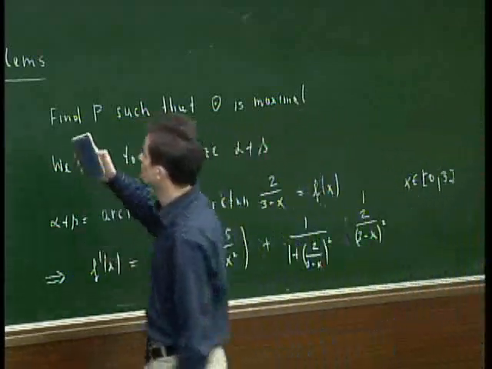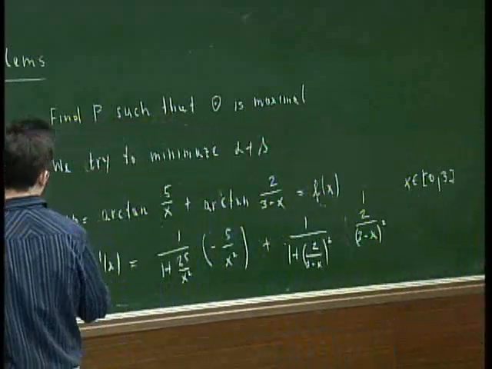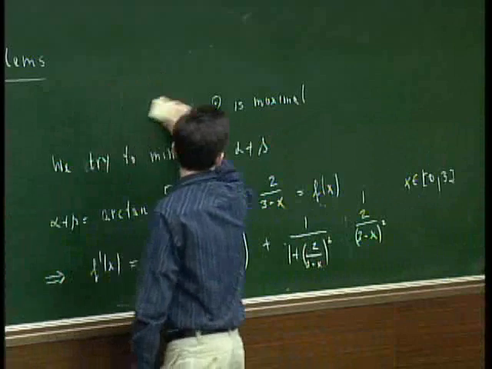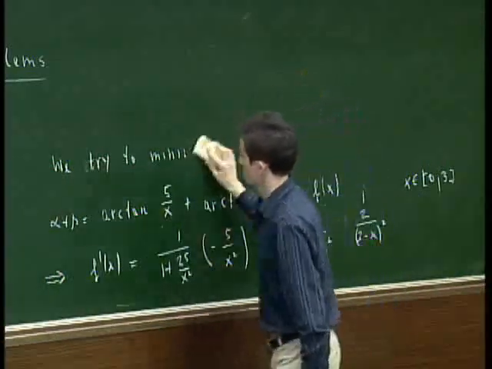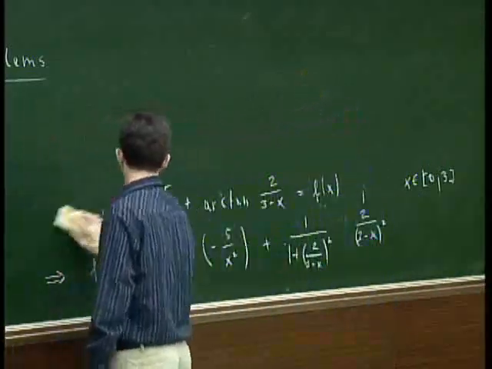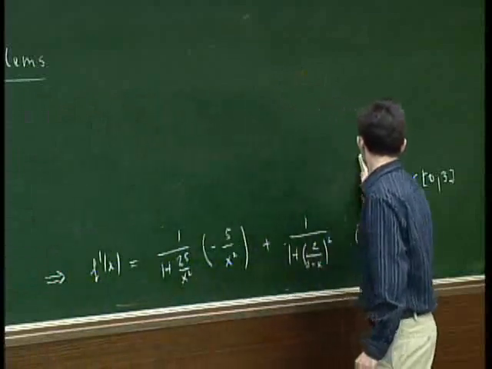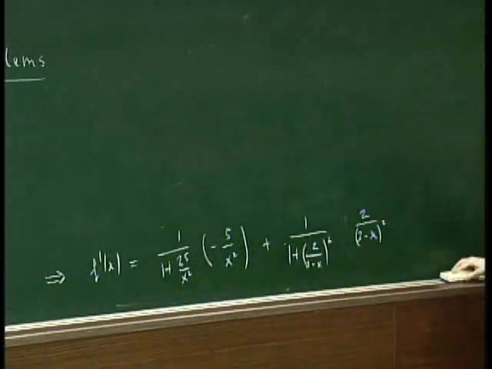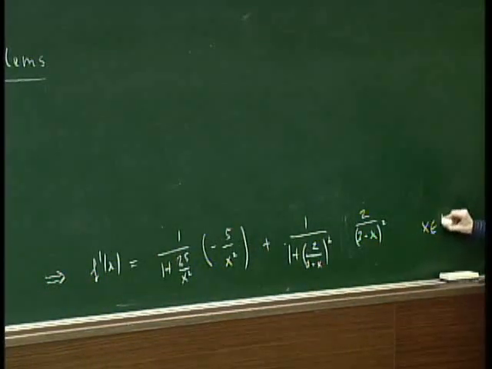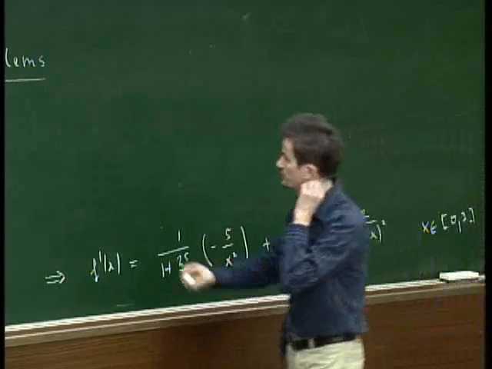So the only critical points are the points where the derivative is equal to 0, with x in 0, 3. Now we have to do some computation.